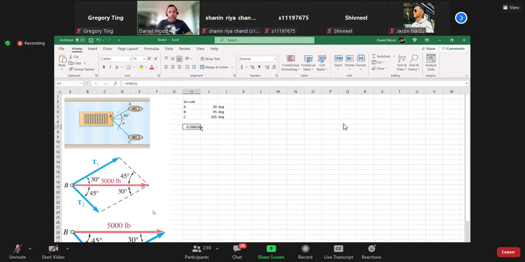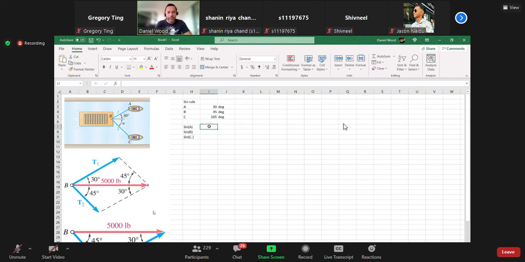So we know that we're wrong straight away. So now let's just put sine of these angles: sine of A, sine of B, and sine of C.